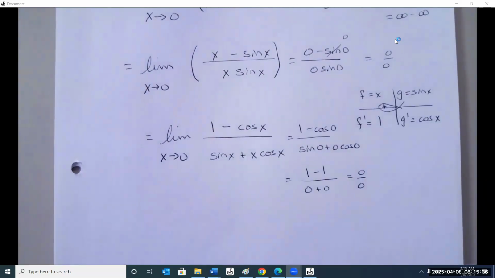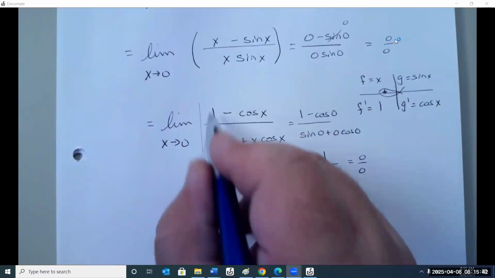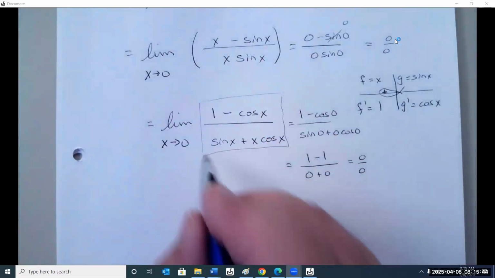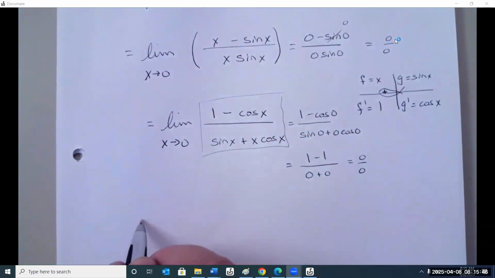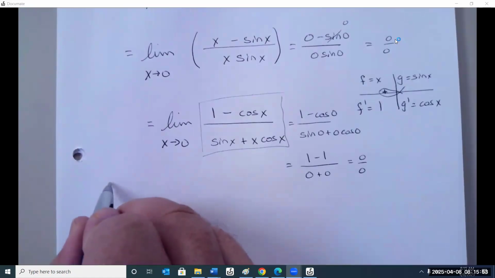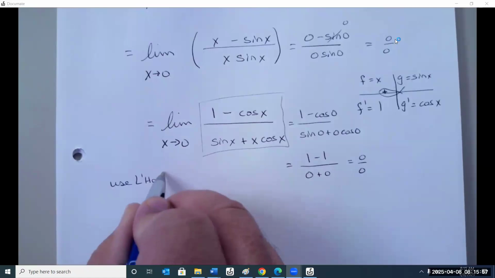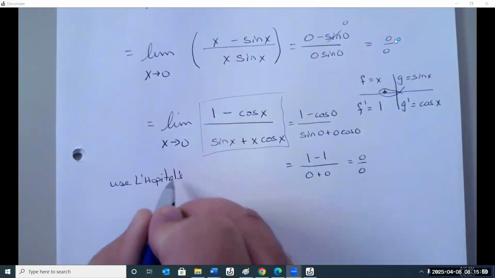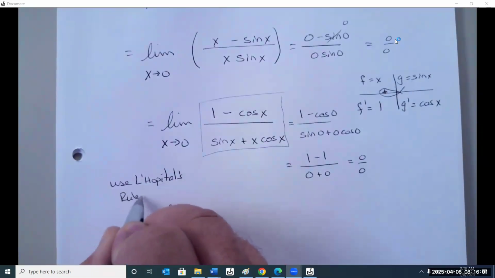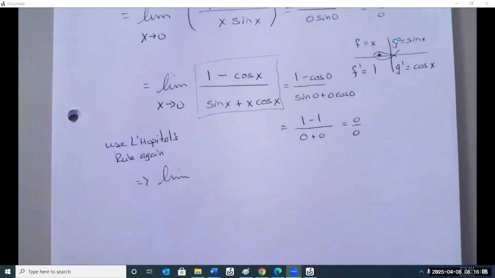Okay, we're still at 0 over 0. So we look at this equation again and do L'Hopital's rule again.